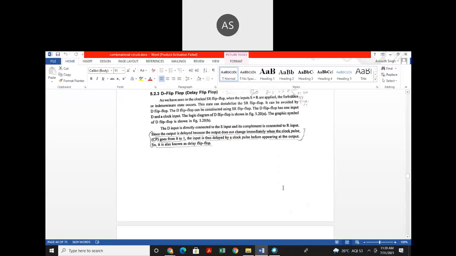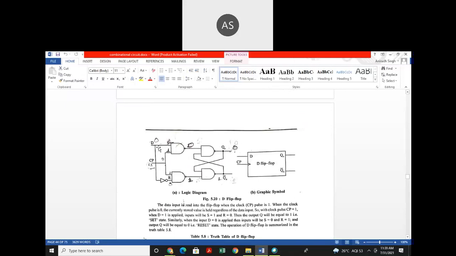The next flip-flop is D flip-flop. In D flip-flop, this is SR flip-flop, but we give the input to S, and the same input is given to R using an inverter.